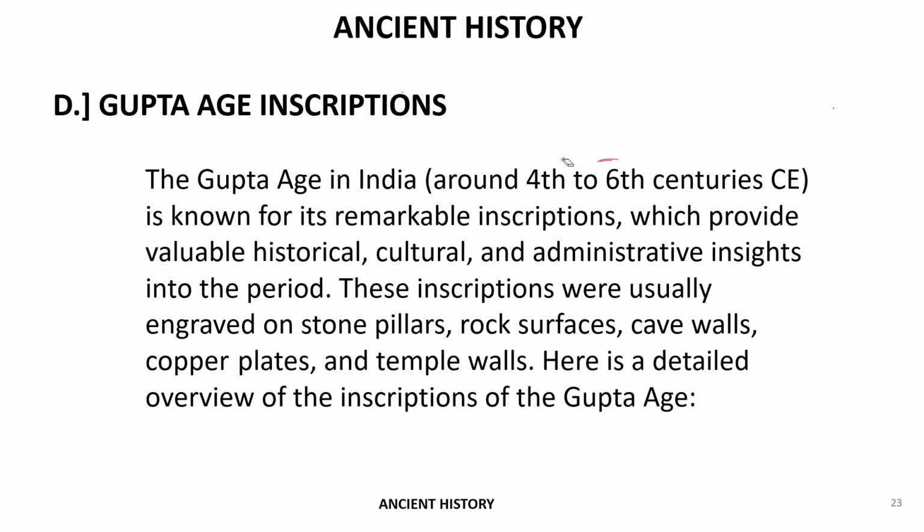Now, after we have revised the facts, let's come back to the topic. Today we are going to discuss Gupta age inscriptions. The Gupta age in India, around the 4th to 6th century CE, is known for its remarkable inscriptions, which provide valuable historical, cultural and administrative insights into the period. These inscriptions were usually engraved on stone pillars, rock surfaces, cave walls, copper plates and temple walls.